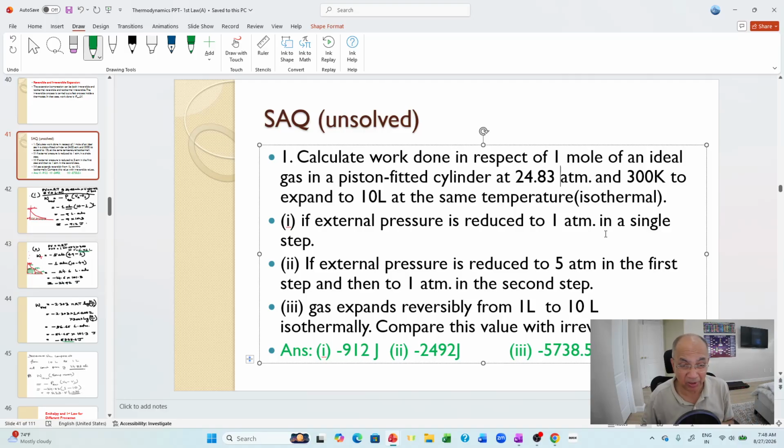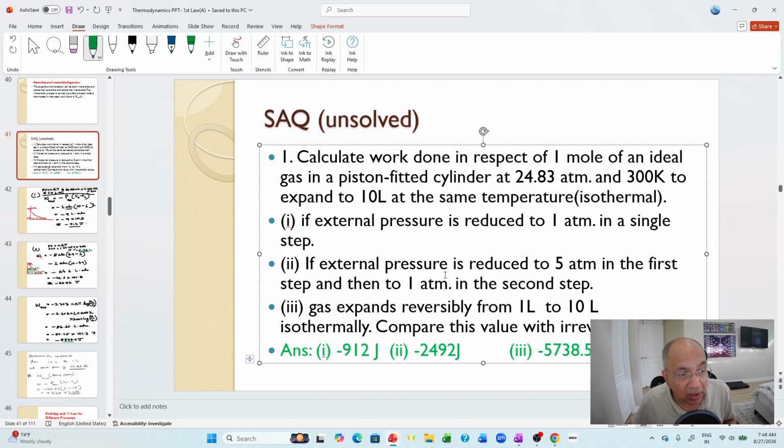It was 24.83 atmosphere. That weight will be taken out, and 1 atmosphere weight will be kept. So it will be suddenly expanding. It's an irreversible process.